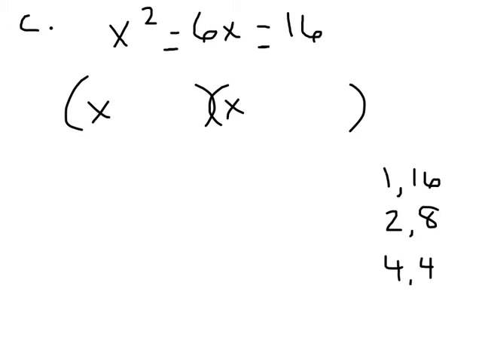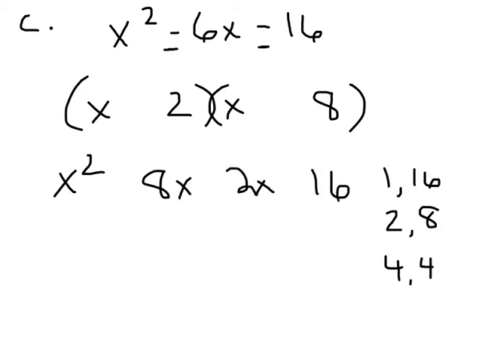Obviously, 2 and 8 are the only ones that are going to be able to give us 6. So let's do this. X squared, we're going to have a 2 here, an 8 here. So that would give us an 8x and a 2x, and then 2 times 8 is 16.